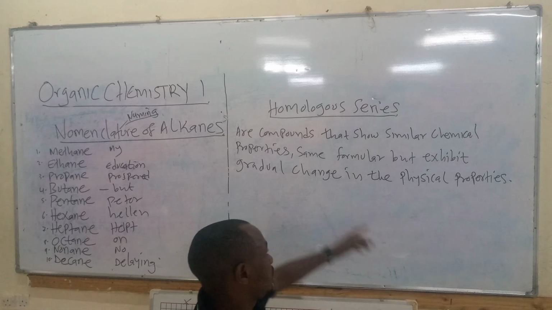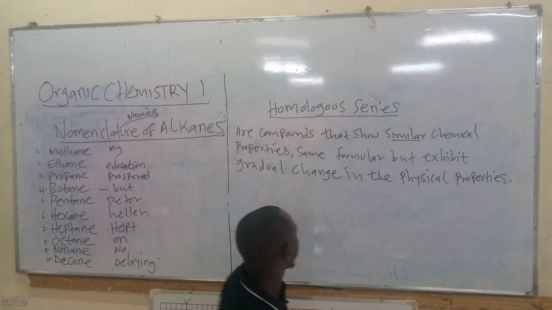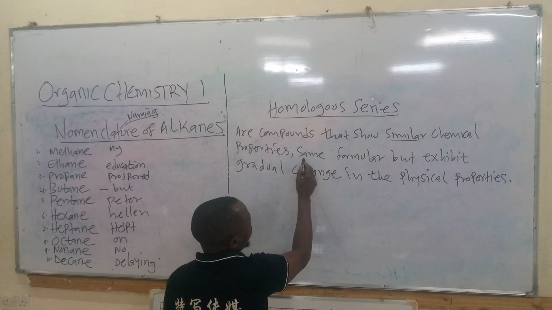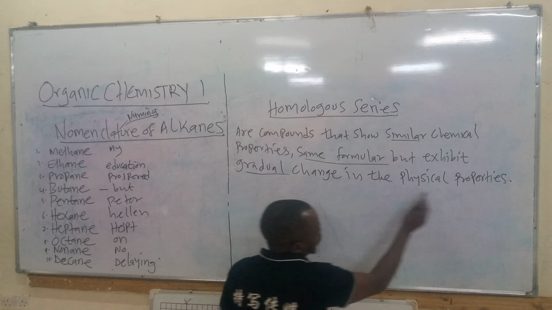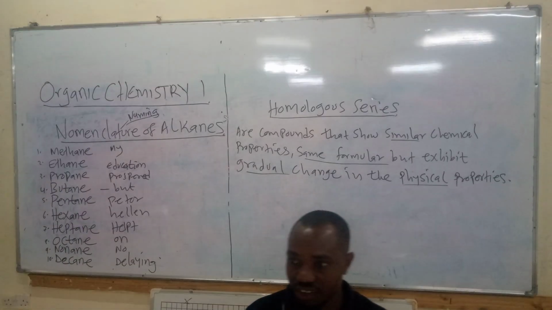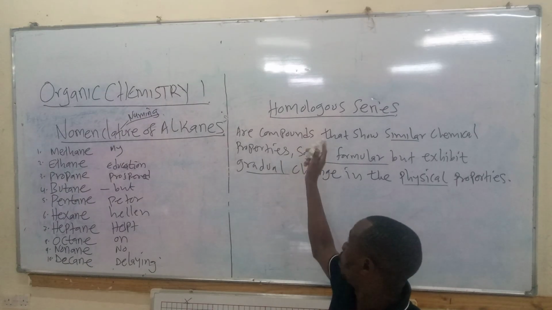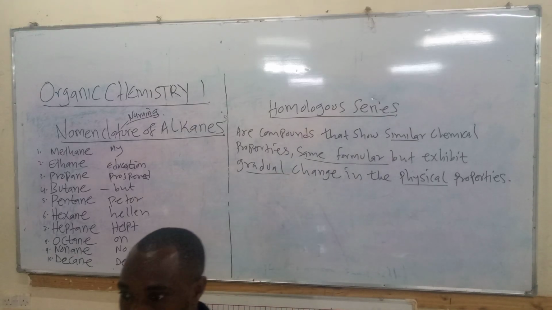They have similar chemical properties, that's the key one. They conform to the same general formula, but exhibit gradual change in their physical properties. In case you are asked to define homologous series, the answer goes by that.